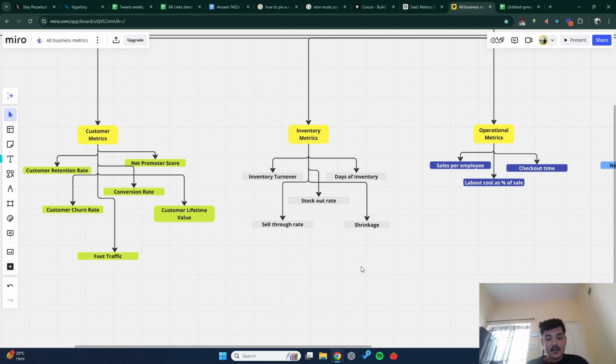So again, another one would be inventory. So if you're a retail store, you need to look at these things every day. So inventory turnover. This metric tells you how quickly you're selling through the stock. A quick turnover means demand is strong, while a low one signals overstock. So for that, if you're using inventory management tools, life will be much easier.